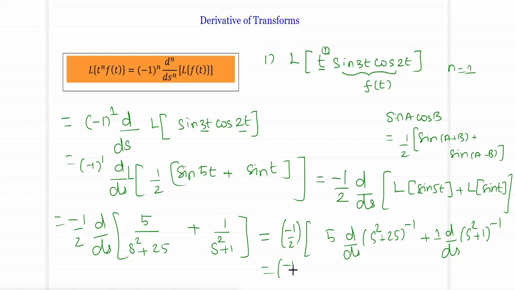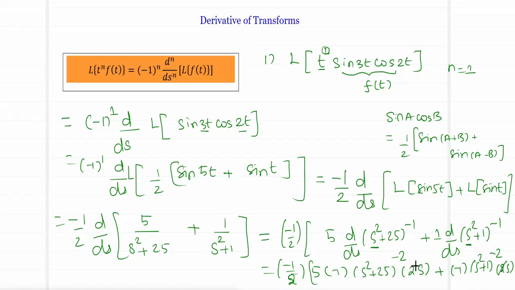Now let us start our differentiation. So this gives me 5 times minus 1 into (s squared plus 25) to the power minus 2, into s squared on differentiation is 2s, plus, what happens to the next term? This is minus power 1. So minus 1 (s squared plus 1) to the power minus 2, into s squared on differentiation is 2s.